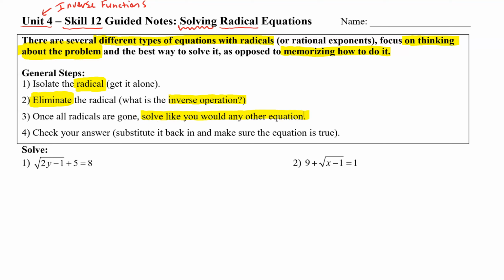The idea ultimately is always to solve for the variable. And sometimes, like when we had rational equations, your answers may be extraneous, meaning they cause the equation to be undefined or not actually create a true value when you plug it into the equation. So always make sure that your solutions make the equation true. Some of them may not, okay?